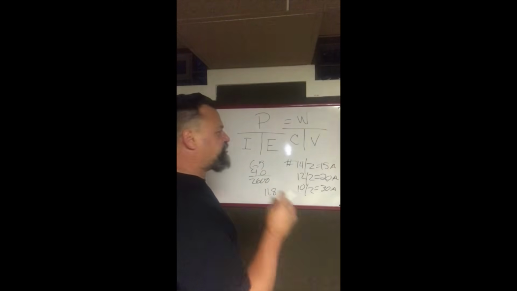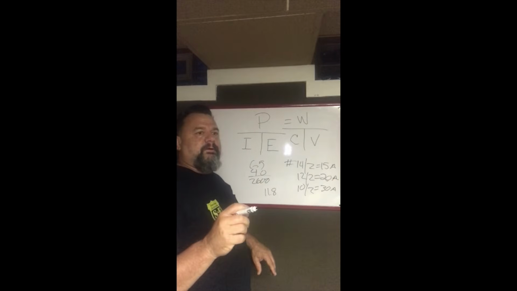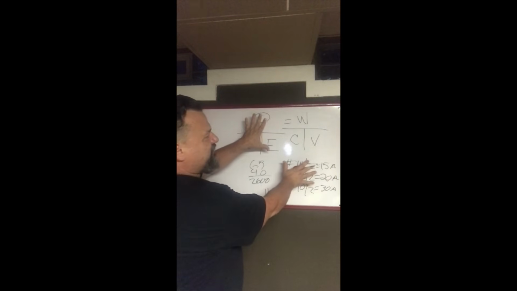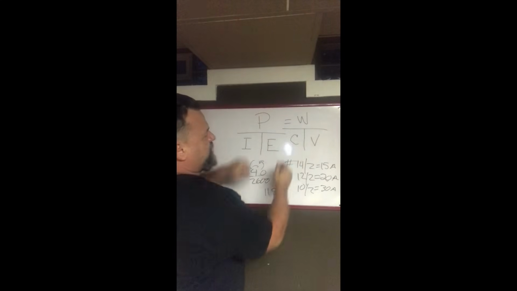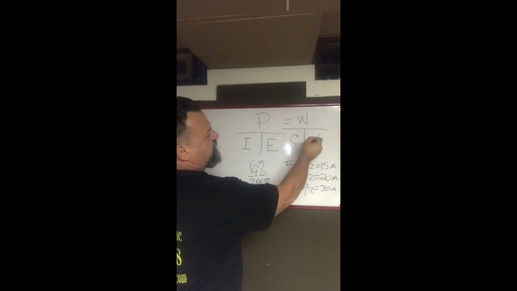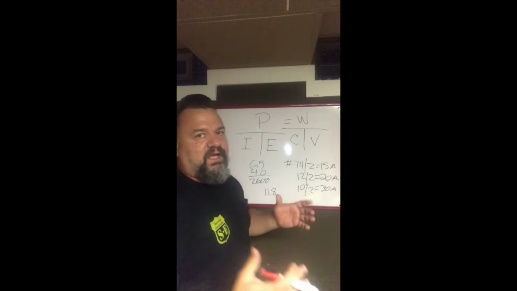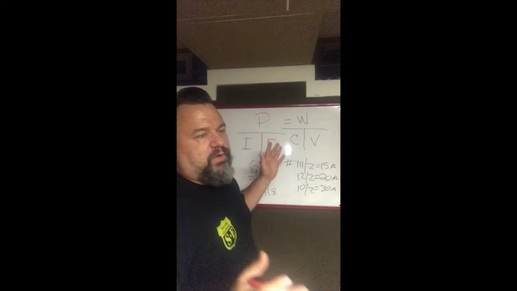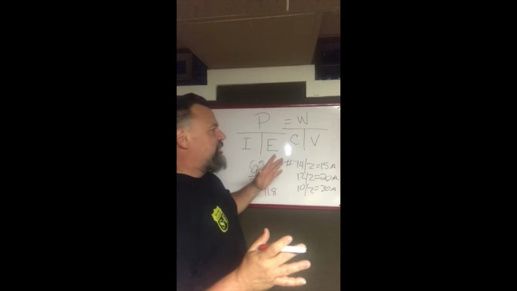It just is. If you forget all of this, this will get you your values. Watts divided by your current will get you your voltage. Watts divided by your voltage will get you your current. So it's 110 volts. In the trade we call it 120, or 240 instead of 220, stuff like that.